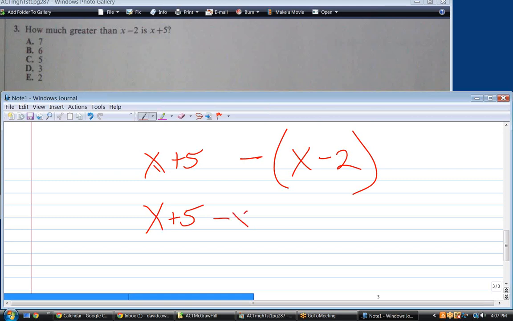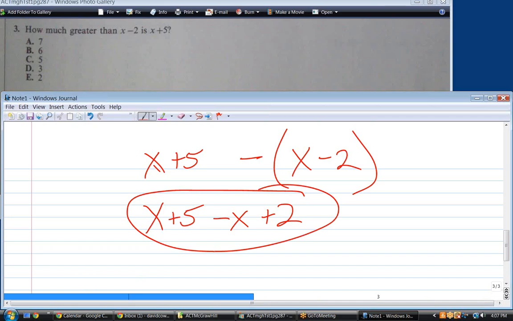Minus x plus 2. Simplify. X plus 3. How many x's do we have? 2. We have a plus and we have a minus. That's none. So, okay, so none. How many numbers do we have? 7. That's the answer.